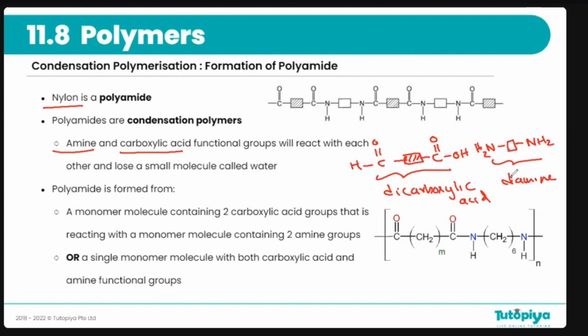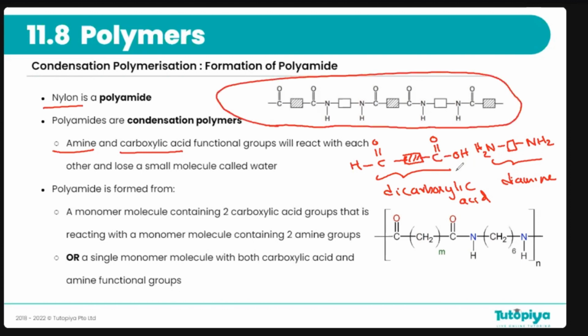So these two monomers will get together to make this polymer by undergoing condensation polymerization. Here also, the OH of the carboxylic acid will go out with one of the hydrogens of the amine to form a water molecule.